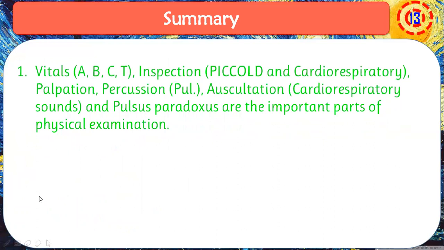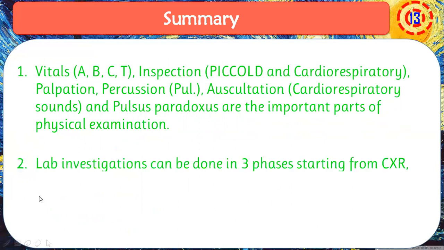Now talking about the summary. Vitals, that is airway, breathing, circulation, and temperature. And inspection, pink, cold, and cardiorespiratory inspection, palpation, pulmonary percussion, and auscultation for cardiorespiratory sounds, and ultimately pulsus paradoxus. They are the important part of the physical examination.